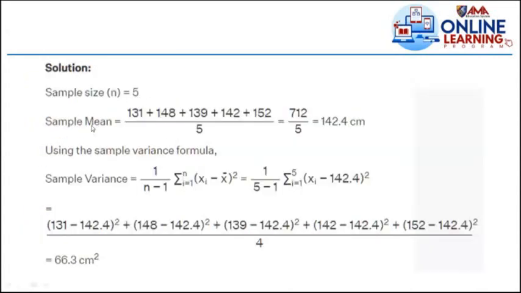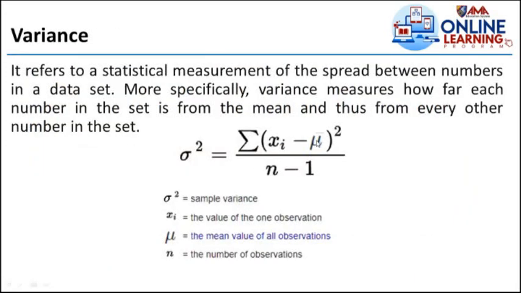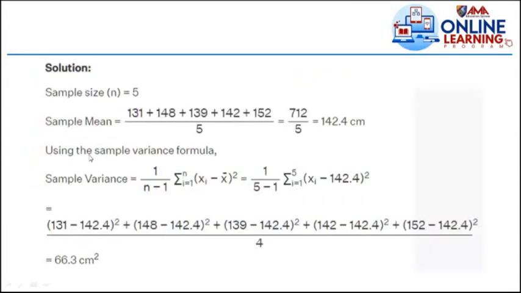We're going to compute for their arithmetic mean, or mean, no? 131, 148, 139, 142 plus 152 divided by 5. So their mean is 142.4 centimeters. Okay? So this is our mu, no? Ito na yun.